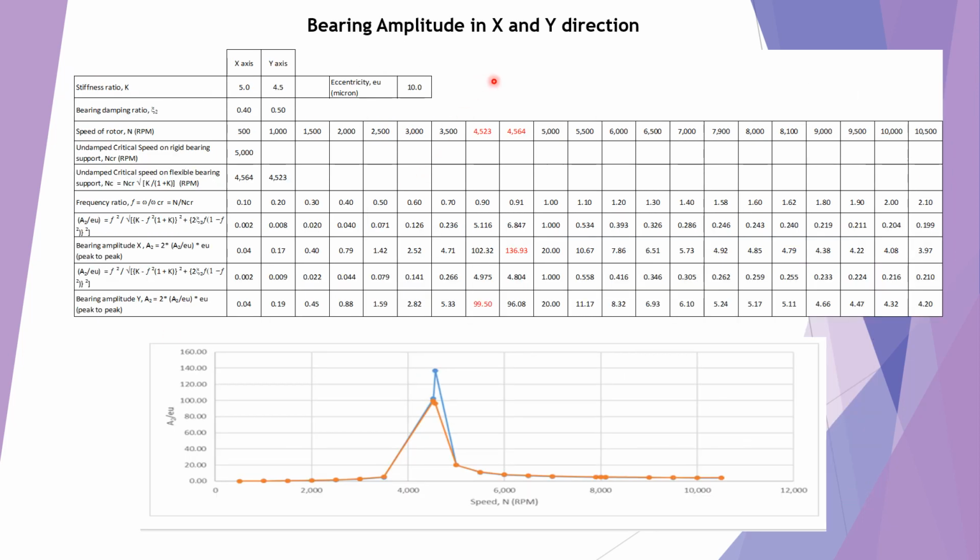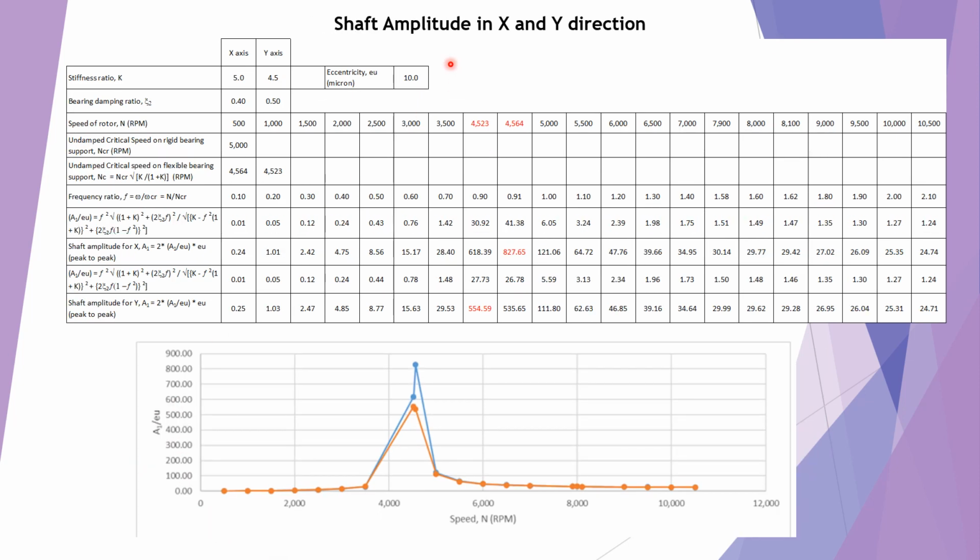Now the bearing amplitude in x and y direction with different damping values: you can see two different amplitudes at two different damping values and bearing stiffness, because the x-axis is speed and the y-axis is amplitude of the bearing. Similarly for the shaft amplitude in x or y direction, the x-axis is speed and the y-axis is amplitude of the shaft. Similarly for different damping of the bearing and stiffness, we have two different curves.